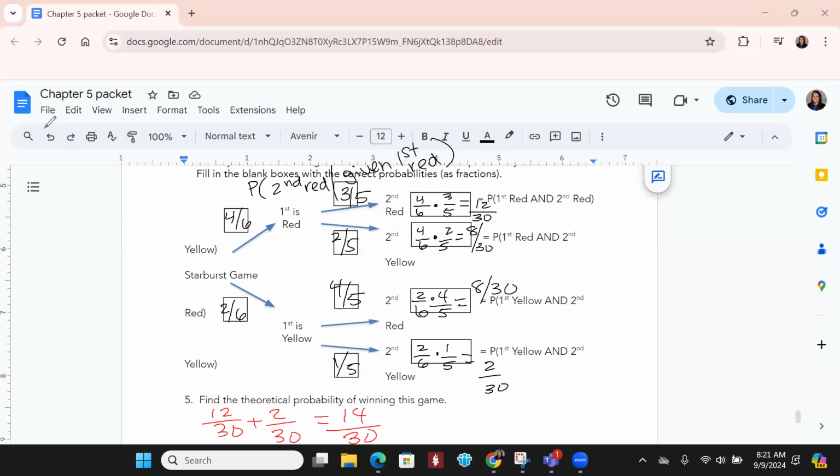Well, where am I getting those numbers from? If you had a first red and second red, that would be 12 out of 30. If you had a first yellow and second yellow, that would be 2 out of 30. That's where I pulled those numbers from. So that would give me 0.47, a 47% probability of winning.